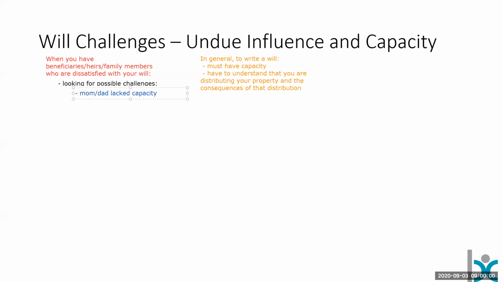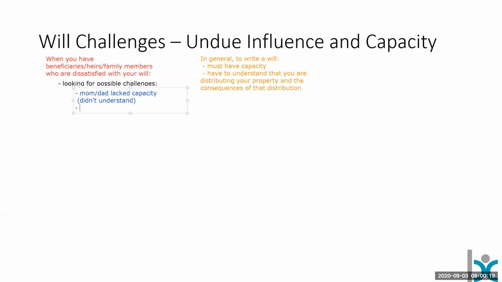So they didn't have sufficient capacity. They didn't understand. Okay. And this is a fairly tough thing to fight over. This does happen, though. These fights happen where we question the extent to which there was capacity.